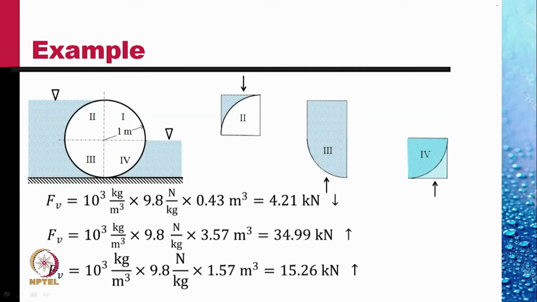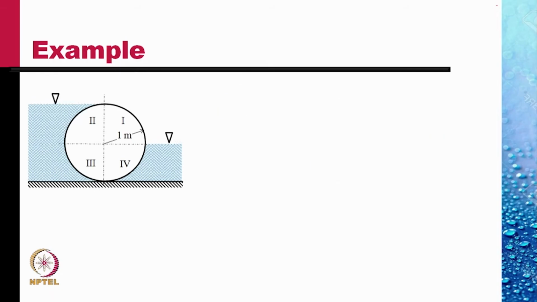On quadrant 2, the force is 4.21 kilonewton downwards, and on the third and fourth quadrants, they are 34.99 kilonewton upwards and 15.26 kilonewton upwards. We can sum up the three and find the total vertical force on this circular cylinder per unit depth into the paper.